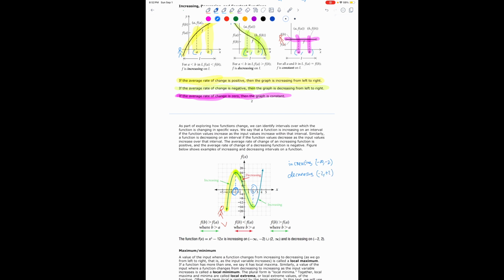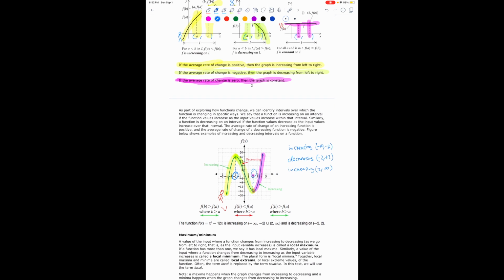So that is where the graph is decreasing. And then notice another behavior change, which is the graph is increasing one more time over the interval from 2 all the way to +infinity. So we're going to say increasing from 2 to +infinity.